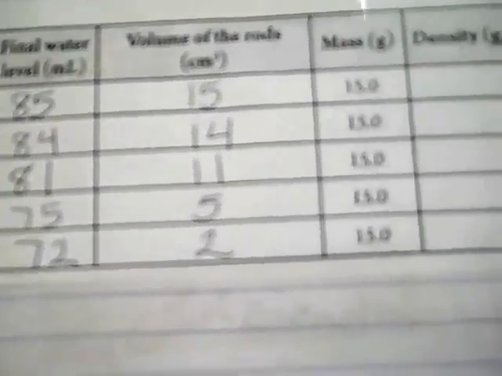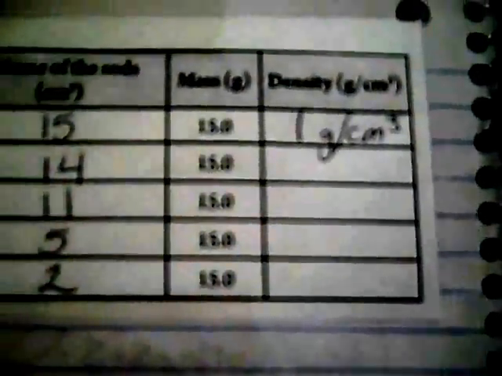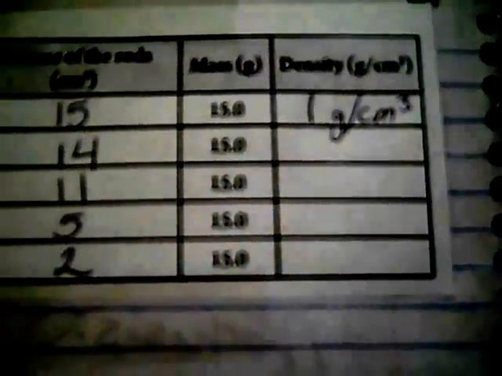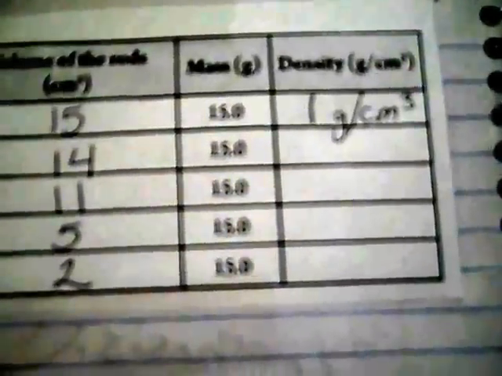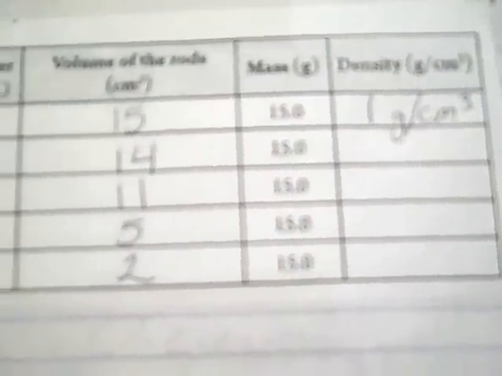So I don't really need a calculator for that. 15 divided by 15 is 1 gram per centimeter cube. So I know the density of mystery rod number 1, or A, is 1 gram per centimeter cube. So go ahead and now divide mass divided by volume for each one of these.